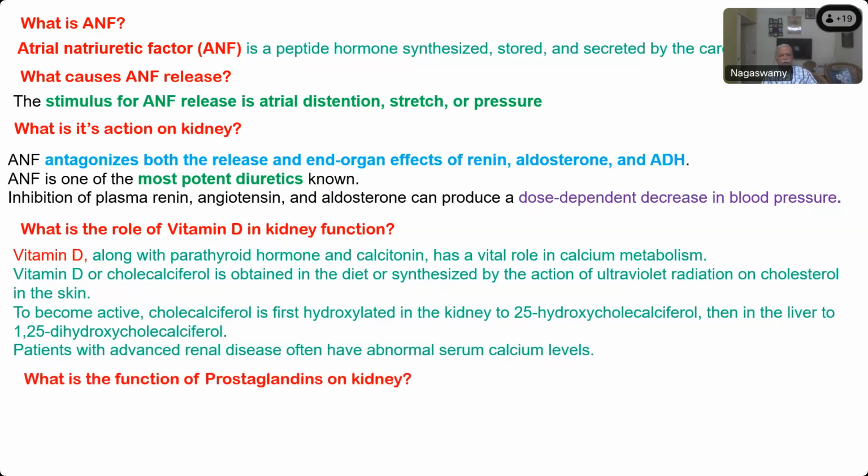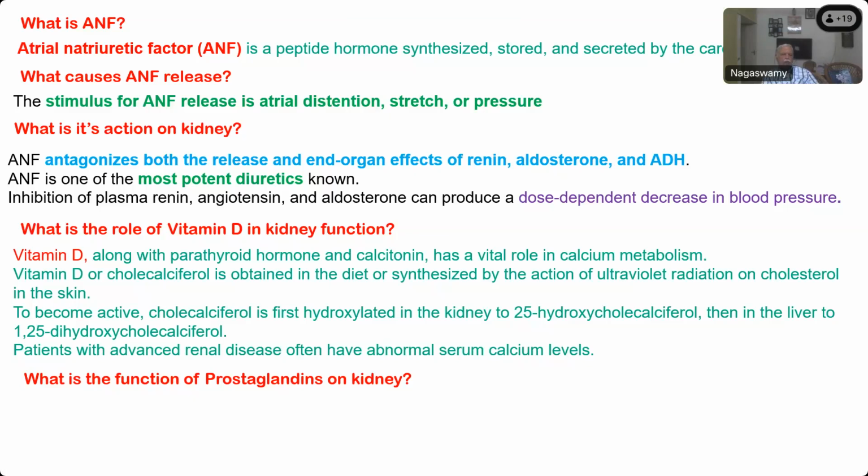Now, what is the function of prostaglandins on the kidney? This is the last hormone we have to know about. Vasodilation. Vasodilatation. Vasoconstriction is not there. F2 alpha. Thromboxane, it's also a prostaglandin group only.